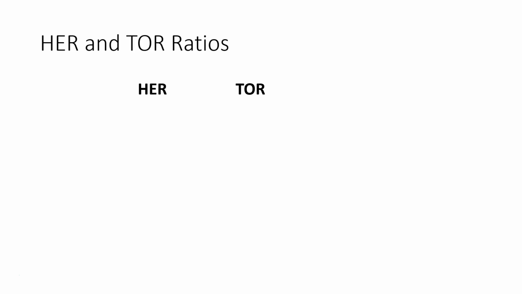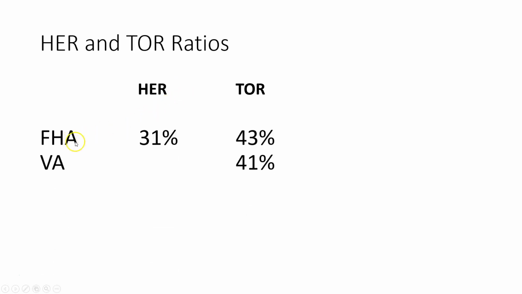All right, now we've got the housing expense ratio and the total obligation ratios, HER and TOR. Remember, these are relevant when it comes to qualifying for conventional or FHA or VA loans, and we need to ascertain those with a person's income and expenditure. For the FHA, it's a 31% housing expense.